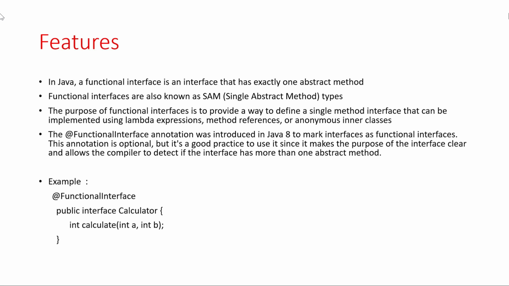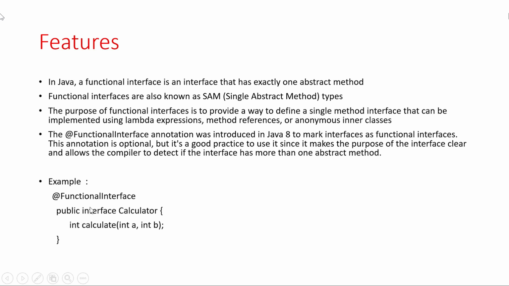So if a functional interface has more than one abstract method inside it, then the functional interface annotation will cause a compilation error and will be very useful for developers to detect it.